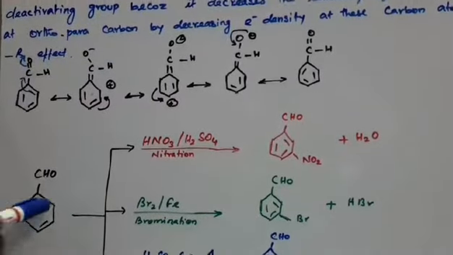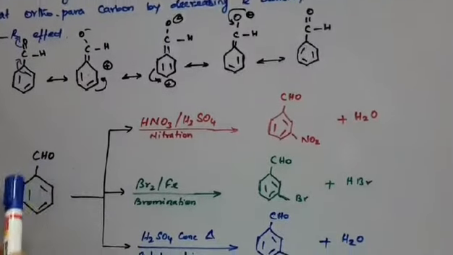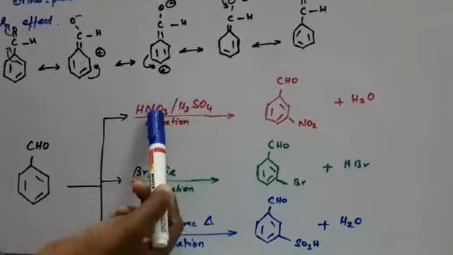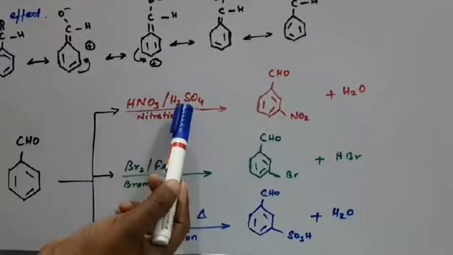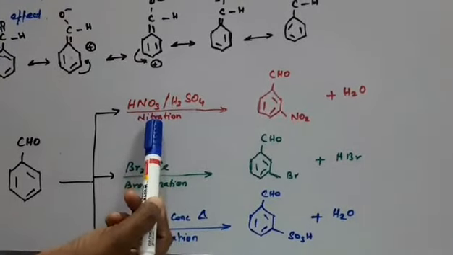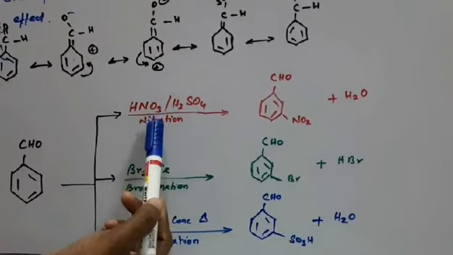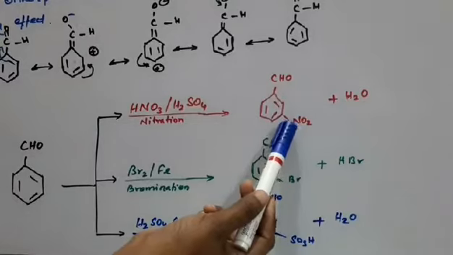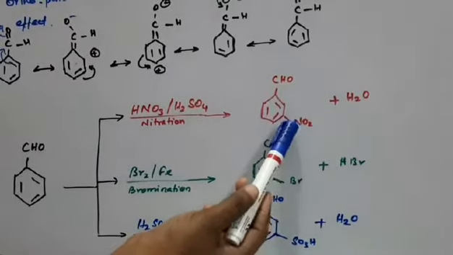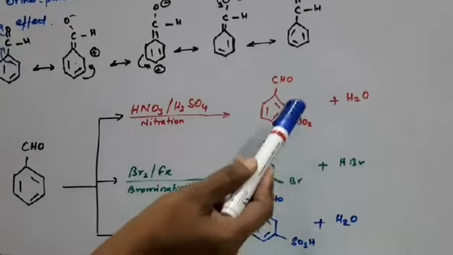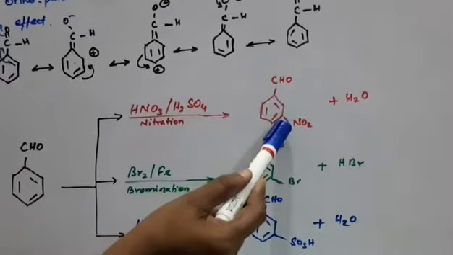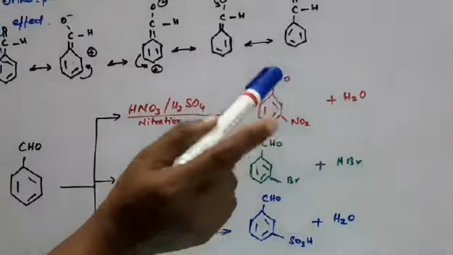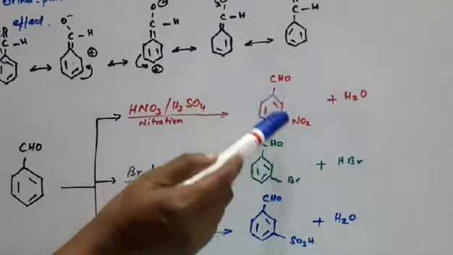Okay. For example, for benzaldehyde, HNO3 and H2SO4 is the nitrating mixture. This nitrating mixture provides an electrophile, and it takes place at the meta position. Electrophilic substitution takes place at the meta position because it is a meta directing group, ortho para deactivating group. So keep it in your mind.